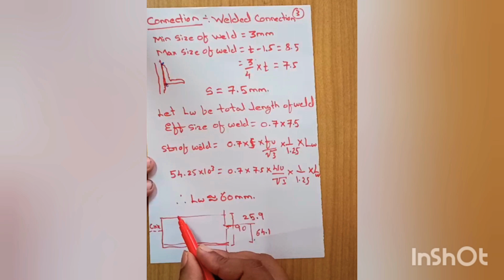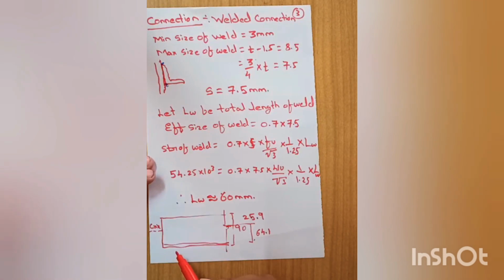Now this length of the weld I need to provide. If I provide half at the top and half at the bottom, the load will be eccentric, the connection will be eccentric. So in order to make the connection concentric, we need to make the center of gravity of the weld coincide with that of the angle.